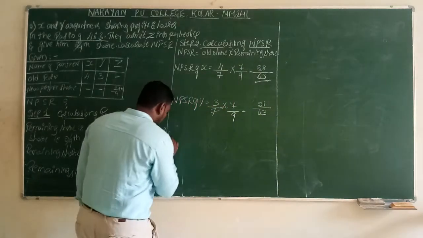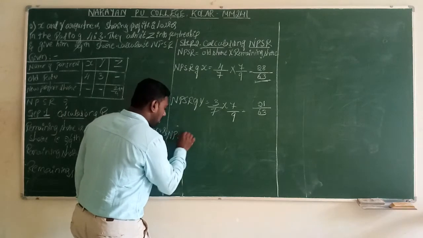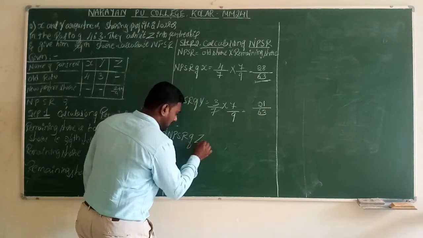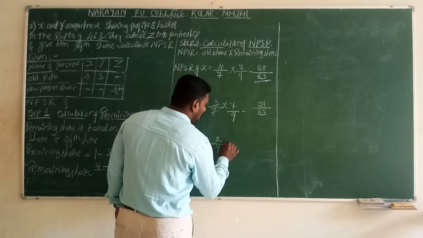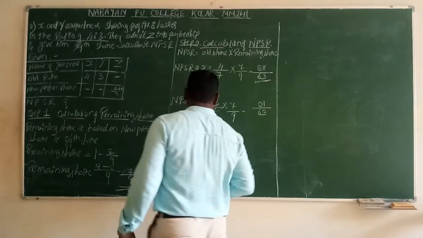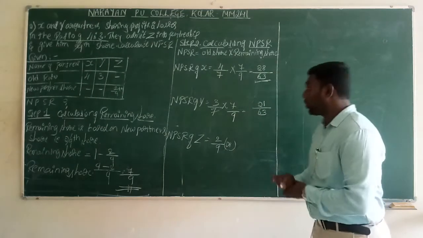Again we have to calculate NPSR of Z, which is 2 by 9, and we should convert this into the common denominator.